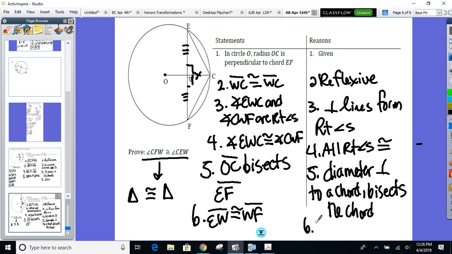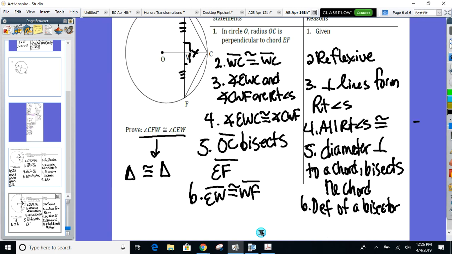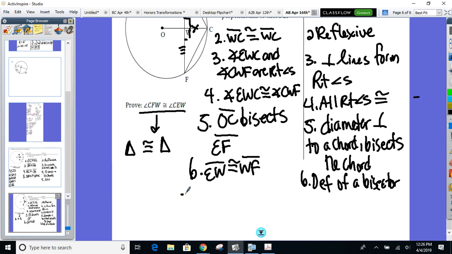That's the definition of a bisector. Now you have enough pieces to say the triangles are congruent. Just make sure they're in the correct order. So triangle WFC is congruent to triangle WEC by side, angle, side.